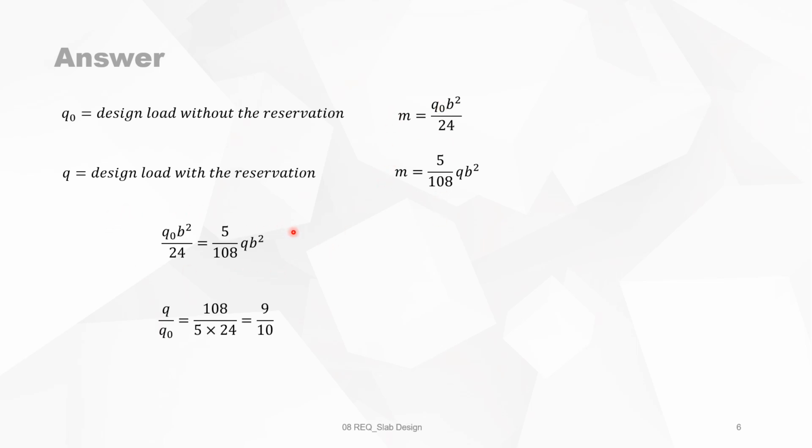And from this equation, we will get the ratio Q over Q0. And we obtain this is 9 over 10. So it means that a loss of 10% in bearing capacity will occur when you make a reservation in the slab with a side B over 3.